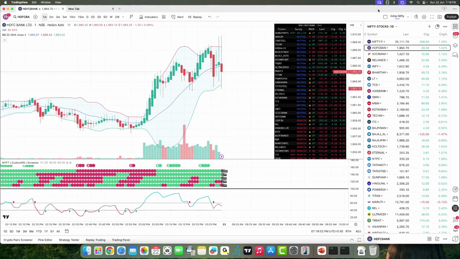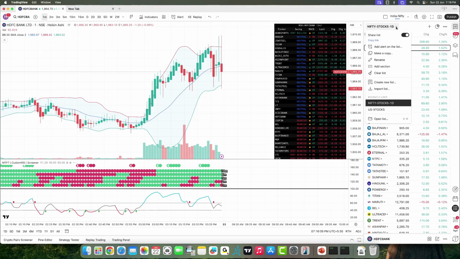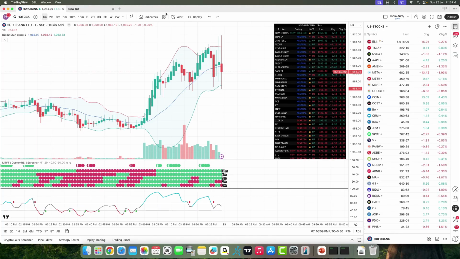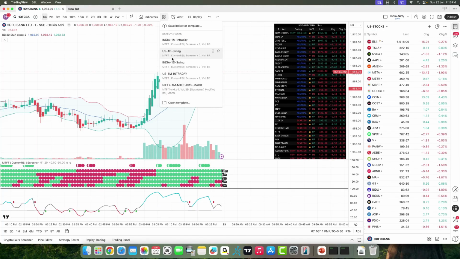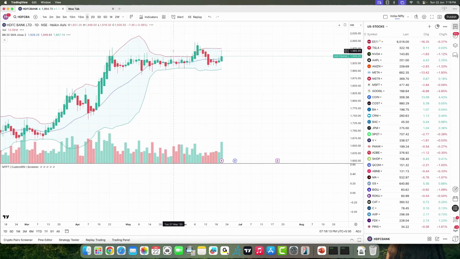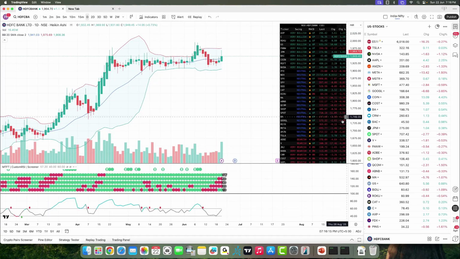So you can see how the multi-country would work. You just have to set up your stock watch list, and I'm going to go back to the US 1-day swing over here, and that's a 1-day time frame. And you can set up all these different settings right here, which is the indicator templates. And so I have it all set up in that way.